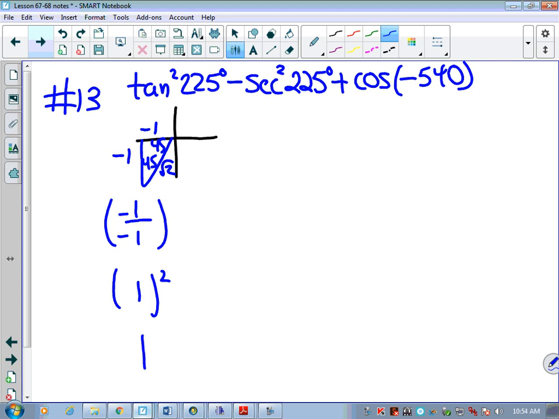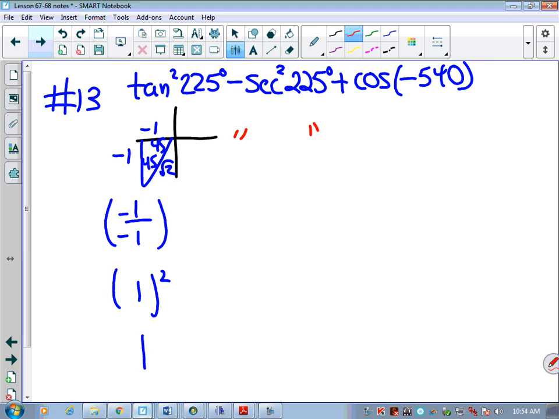Okay, great. And because that 225 puts me in the same spot, I'm not going to redraw that coordinate plane again because there's really no need to. It's going to take me to the exact same position. So we're going to say ditto. Same thing.